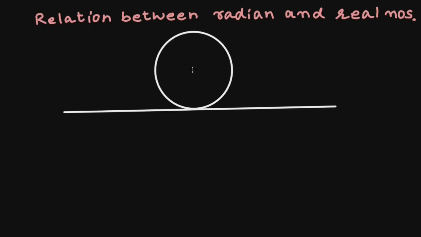We will understand an important fact about the relation between radian and real numbers. Consider a unit circle with radius r equals 1 unit. Line PQ is a number line with point of contact A representing 0.